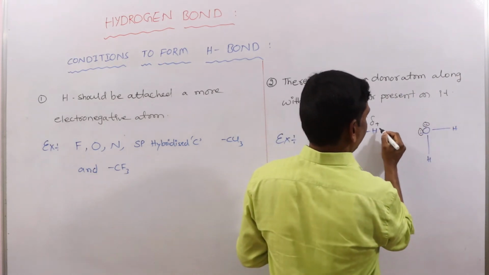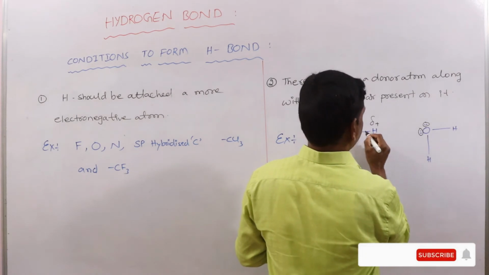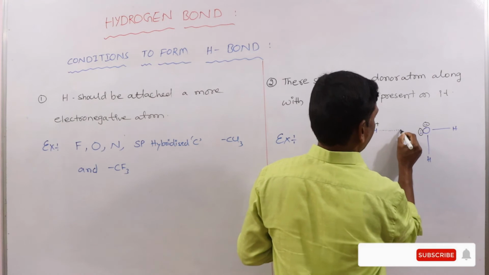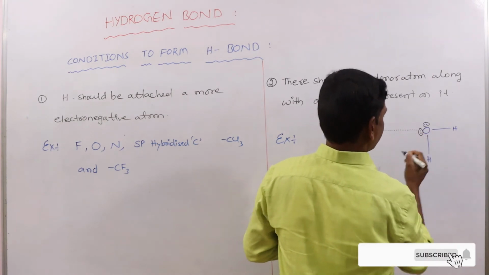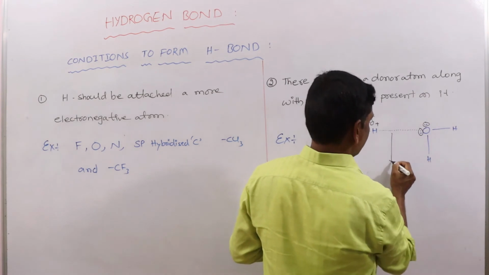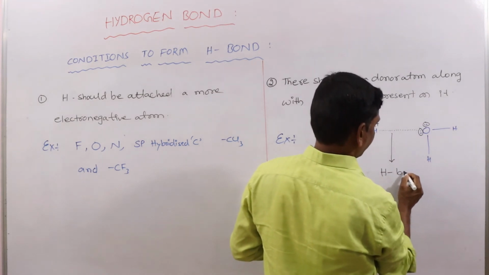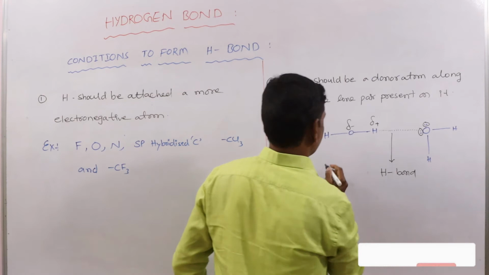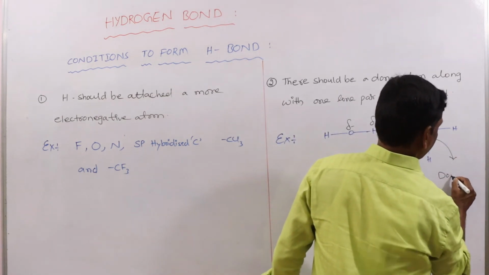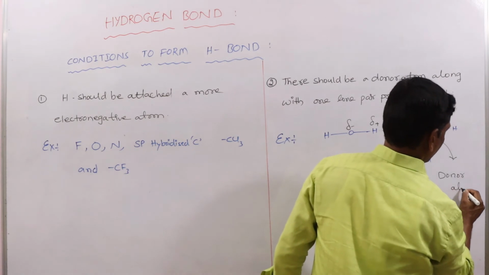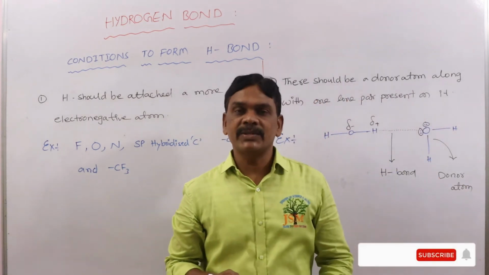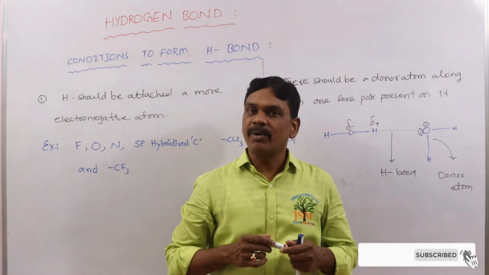Between the partial positive charge on hydrogen and the pair of electrons of oxygen, the hydrogen bond is formed. This is the donor atom. These are the conditions to form hydrogen bond.